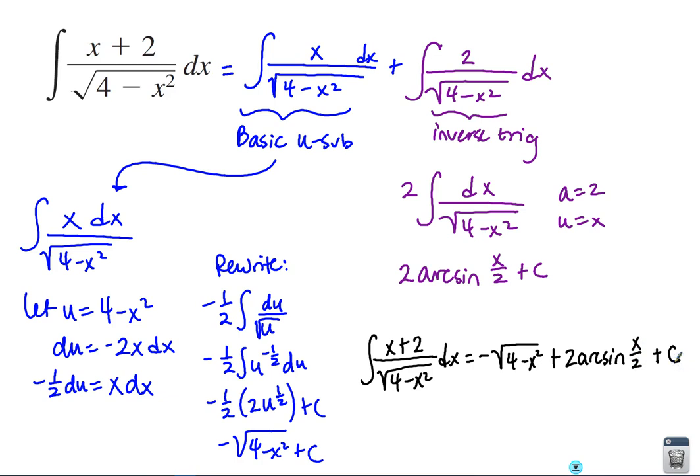So to do this problem, I had to recognize that I could break apart this fraction into 2 separate integrals, integrate one of them using basic u sub rules, integrate the other one using inverse trig, and then boom, done. Add those results at the end and I get my answer. That seems doable.